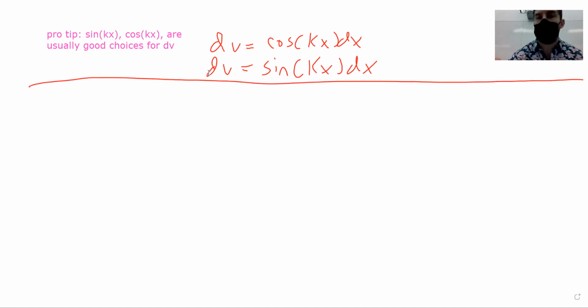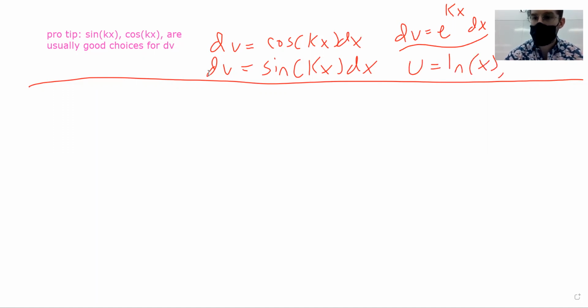The other good choice, related to the example we're about to do, is e to some multiple times x as a good choice for dv. Good choices for u: ln of x or powers of x. But you all will talk a little bit more about this in your next class as well.